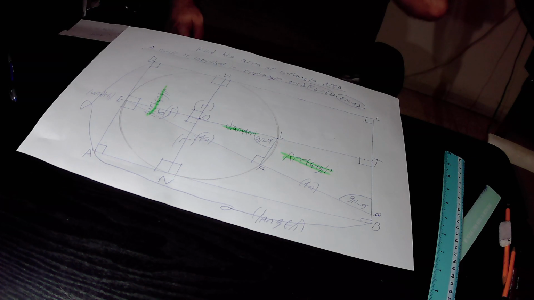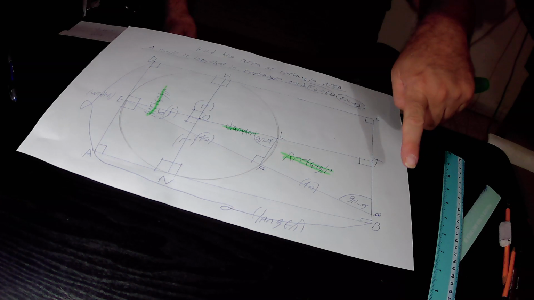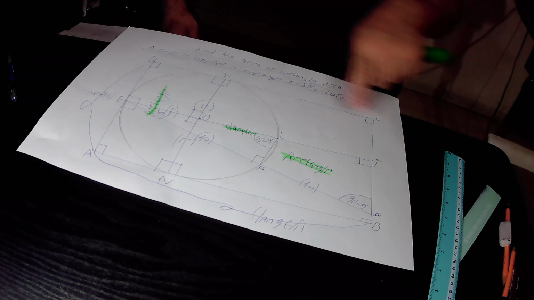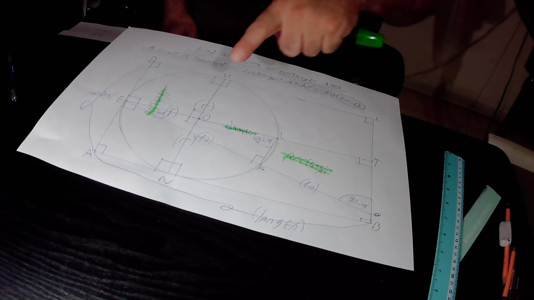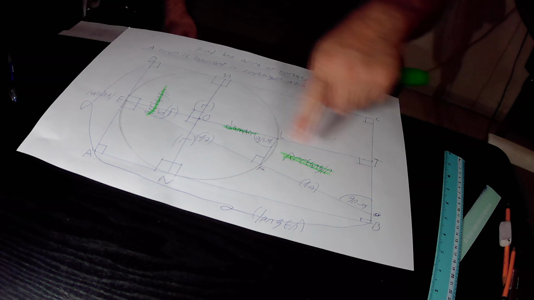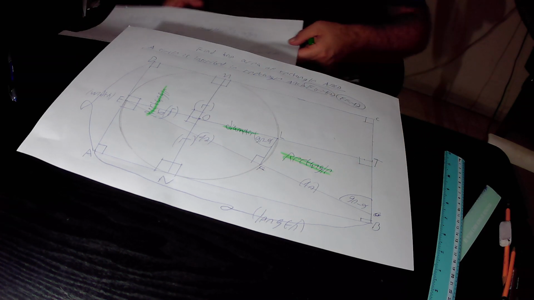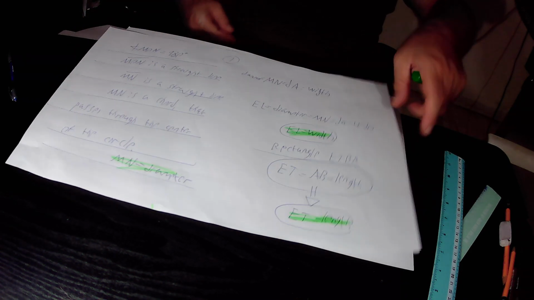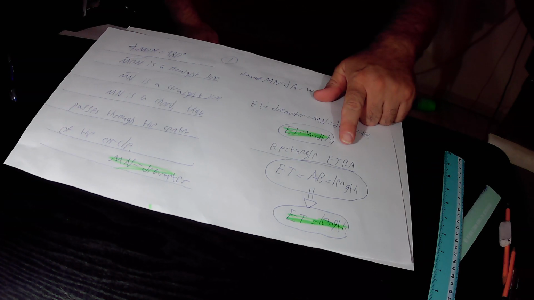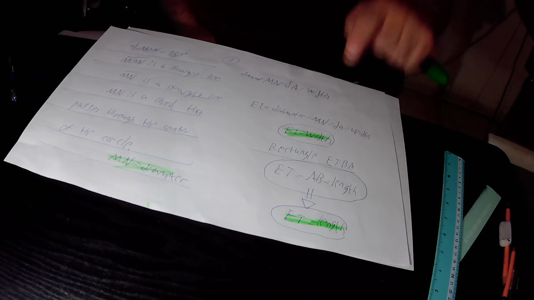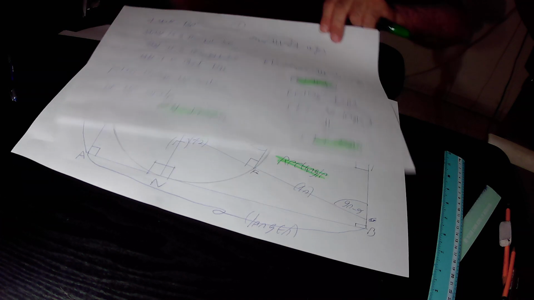But we also know that the opposite sides of the rectangle are equal to each other. So in the big rectangle ETBA, side ET must be equal to the opposite side BA.